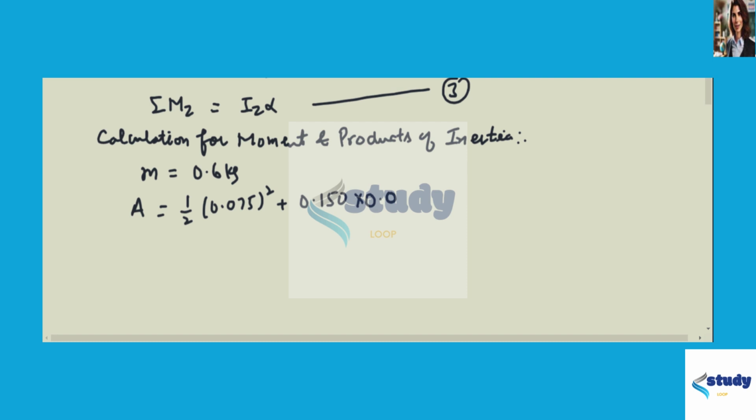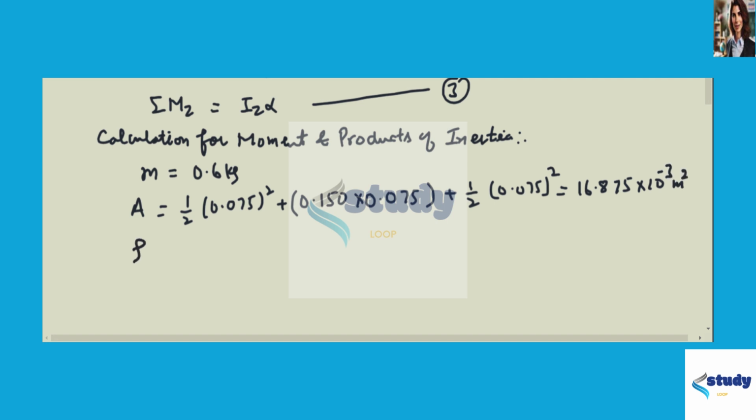It is a very simple calculation: two triangles and one rectangle. So it would be 16.875 10 to the power minus 3 meter square.